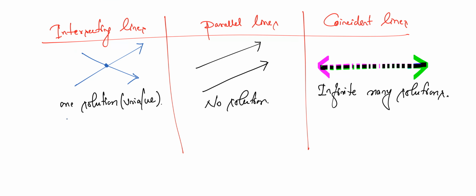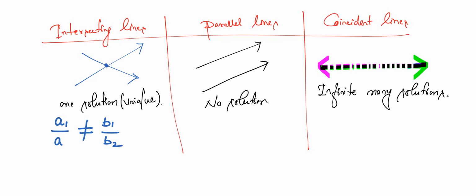If you observe here, a1 by a2 does not equal b1 by b2. If the ratio a1 by a2 and the ratio b1 by b2, both answers are different, then how many solutions exist?